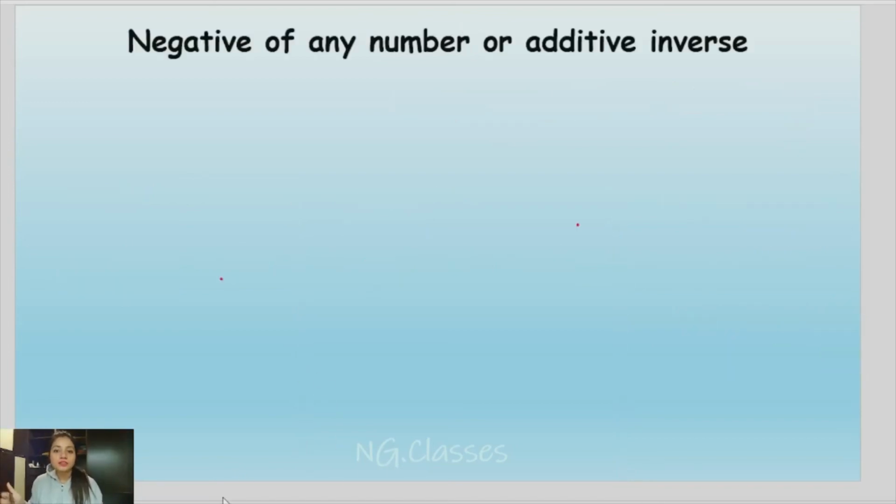And now the negative of any number, or additive inverse. Here let's take any integer. We'll not take a whole number here because a whole number can't be negative. So if I take one integer, that is 24, positive 24, its negative will be minus 24.